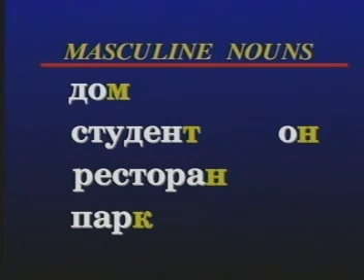Masculine nouns are replaced with the masculine pronoun он. Дом – он, студент – он, институт – он, ресторан – он, and парк also он. Masculine nouns end in consonants, and any masculine noun can be replaced by the pronoun он. Just keep that masculinity consistent.